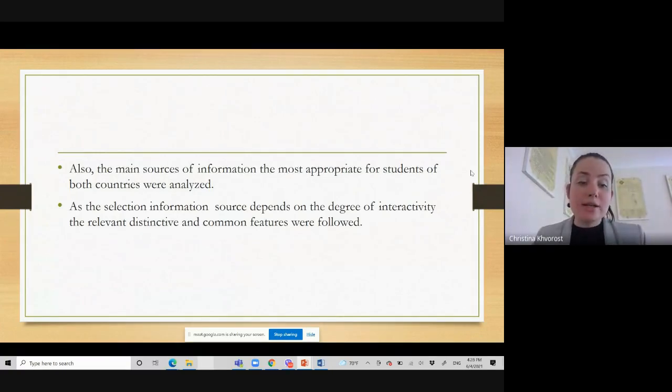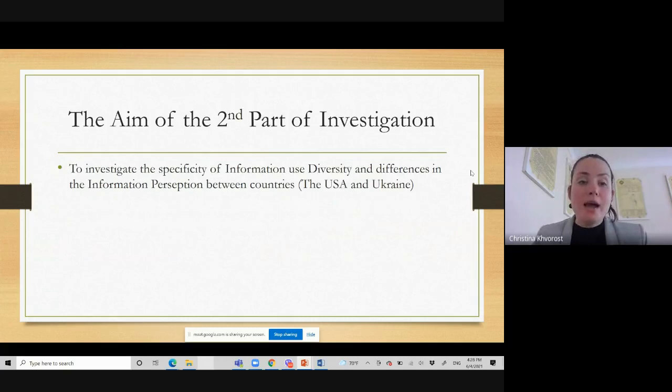And as the selection of an information source depends on the degrees of interactivity, the relevant, distinctive, and common features were followed. The aim of the second part of the investigation was to investigate the specificity of information use, diversity, and differences in information perception between the countries, USA and Ukraine.